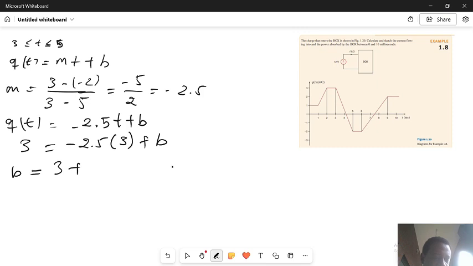I take this minus 7.5 over to the other side, it changes the sign, so b is 3 plus 7.5, which gives me the value of 10.5. So I have the value of b.